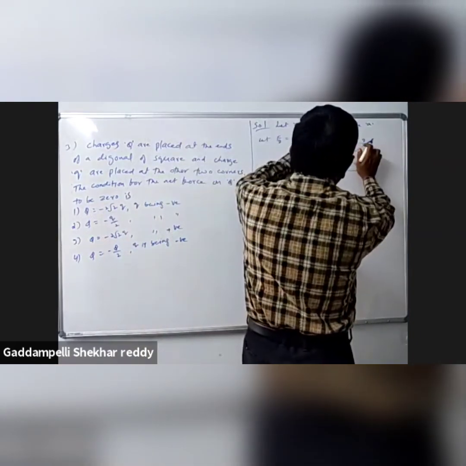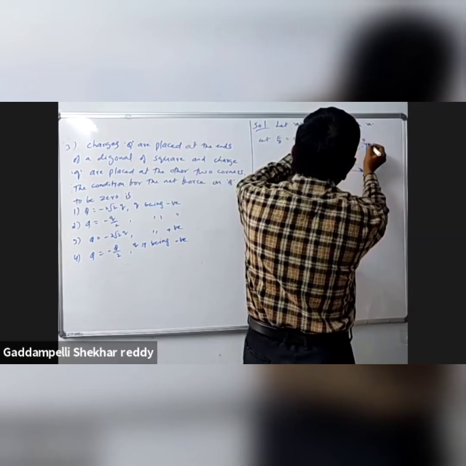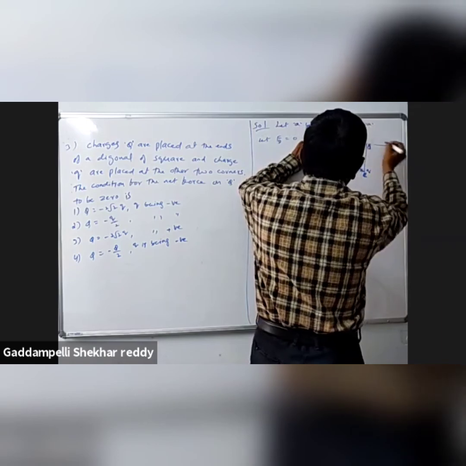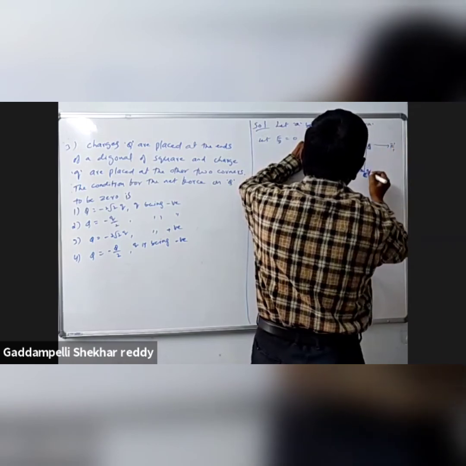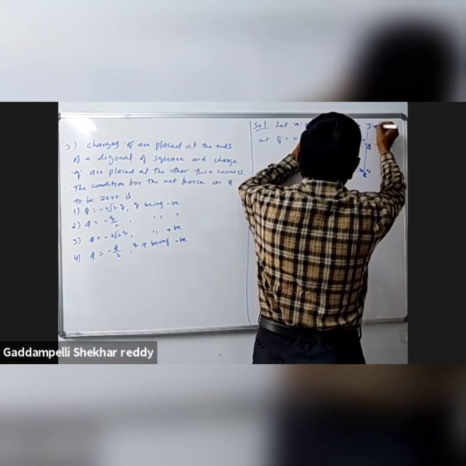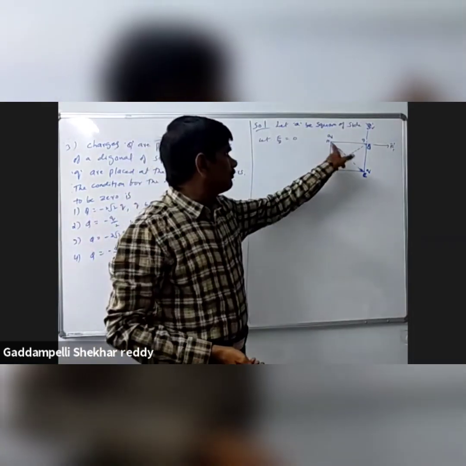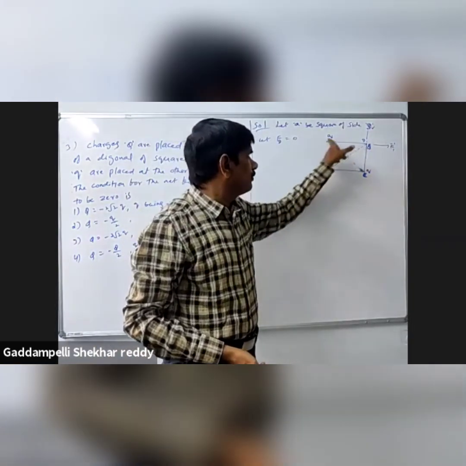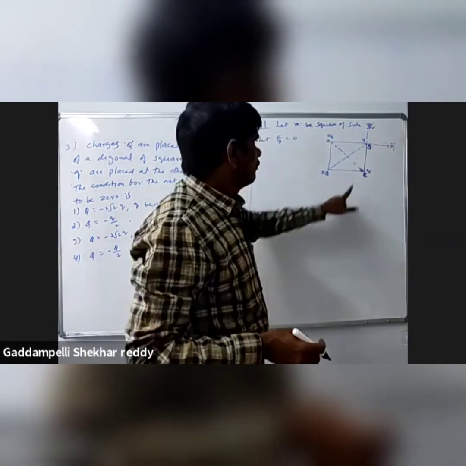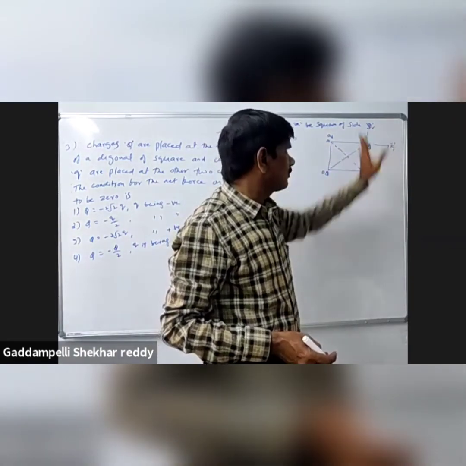Now the force on the charge at corner D due to the charge at A is F1 and due to the charge at C is F2.